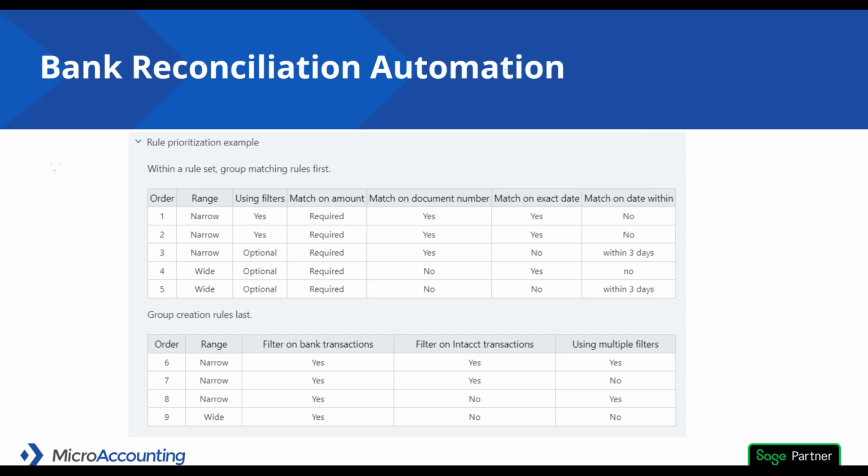I don't even want you to think about it. Then you'll do another match rule that'll say, hey, if it's within 3 days of what the bank is saying and the amount matches, then you can match it. You can also do groupings of multiple groups of bank deposits to multiple groups of Intacct transaction deposits. It will only be based on those transactions that have not been, quote unquote, matched by the system.